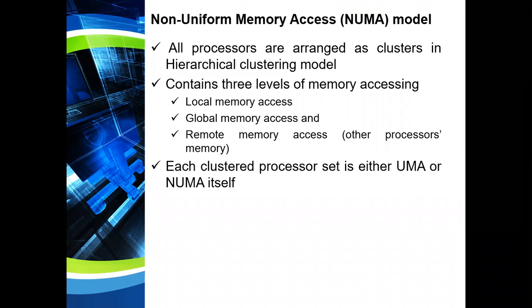During the grouping process, the processors are arranged by using the UMA architecture or NUMA. Every cluster utilizes the UMA model for arranging the processors, or it may use which one? NUMA. So by using either the UMA model or the NUMA model, the clusters within the hierarchical clustering model are formed.